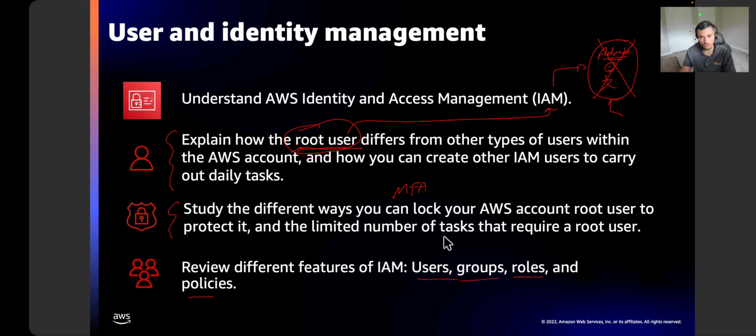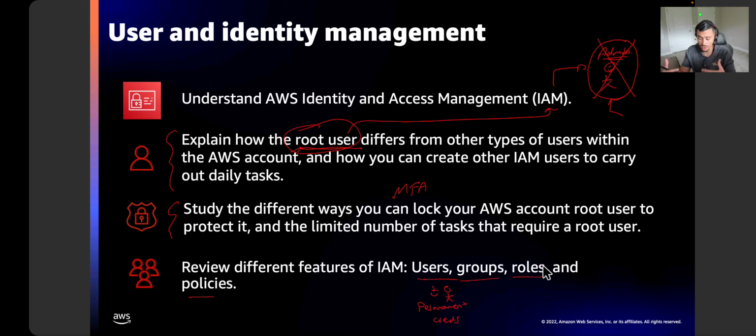We already spoke about users. Users are basically entities that we create in IAM that are granted permanent credentials in our account. What that means is that a user's credentials would never expire unless explicitly expired. Otherwise, they will not rotate automatically.